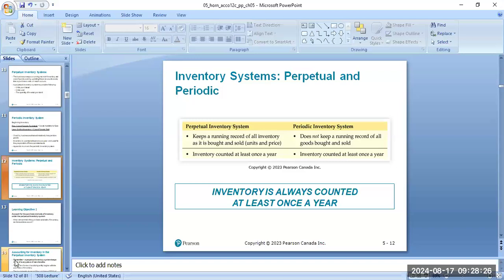The periodic inventory system doesn't keep those running records of all the goods purchased and all the goods sold, and we also count at least once a year. What we have to remember here is inventory is always counted at least once a year, obviously more often in the periodic system than in the perpetual system.